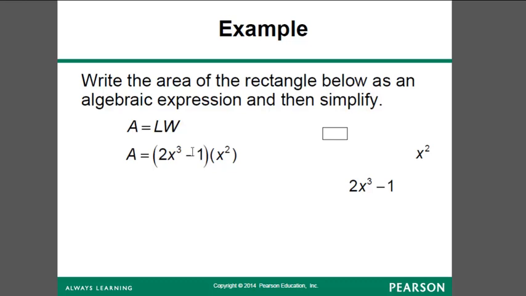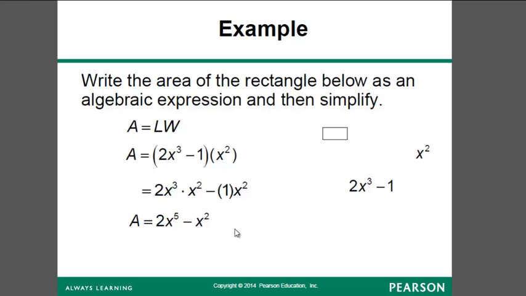So I'm going to say 2x cubed minus 1 times x squared. And I can do the distributive property just like I have been doing. I'm going to take my x squared and multiply it by each item inside the parentheses. I have 2x to the third times x squared minus 1 times x squared. And I end up with 2x to the fifth. I got the 5 by adding the 3 plus the 2, minus x squared.